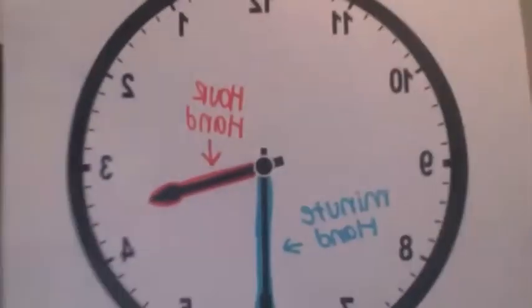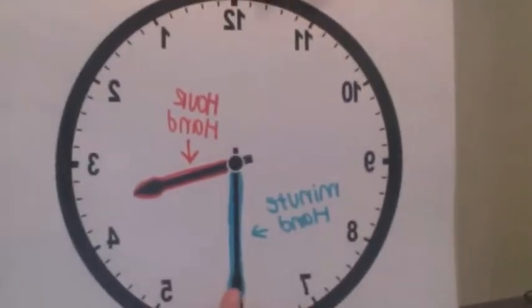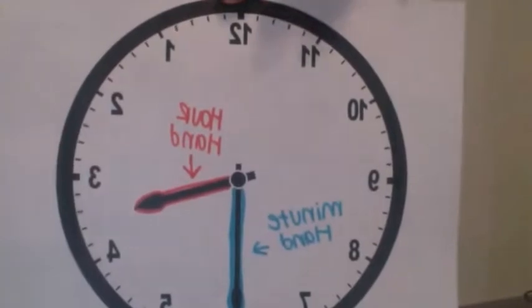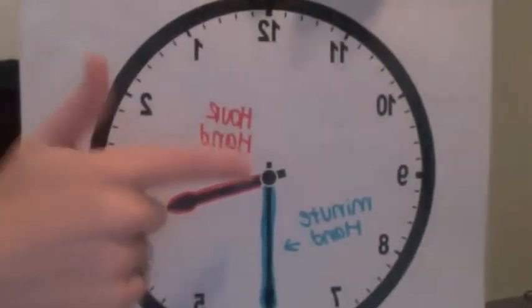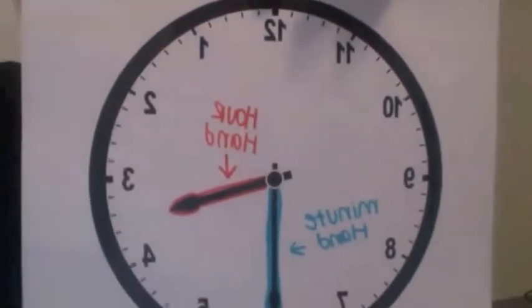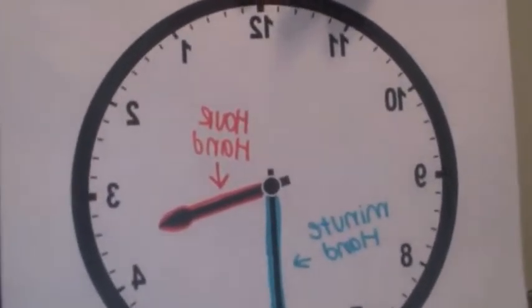Okay, so we see that we still have our minute hand and we still have our hour hand, but they're not at the same numbers as they were at. Our minute hand is all the way down here at the 6. So that means we have to figure out what minute we're at.